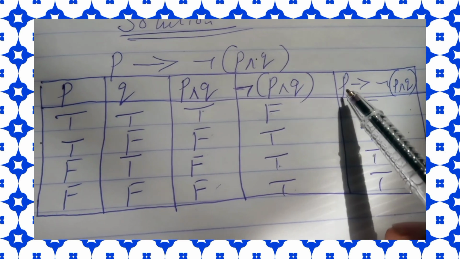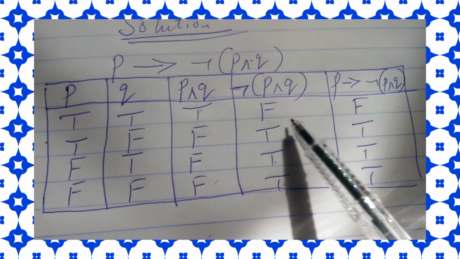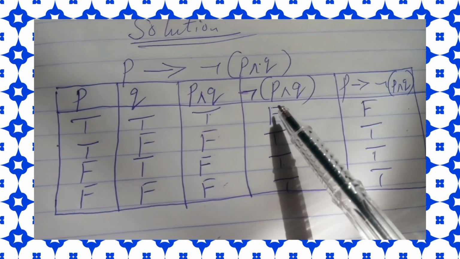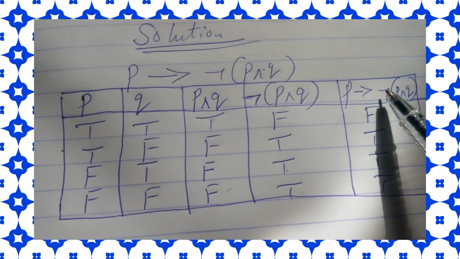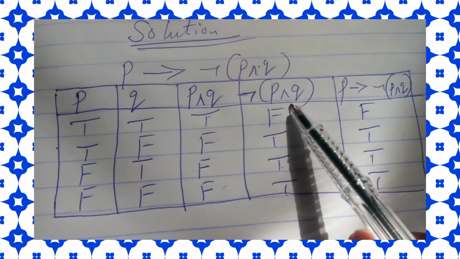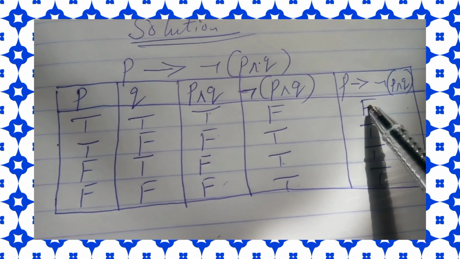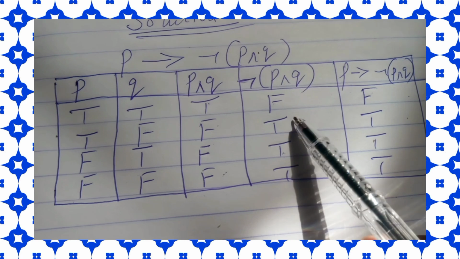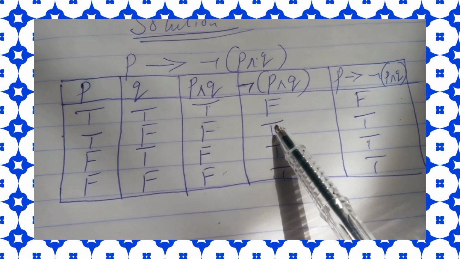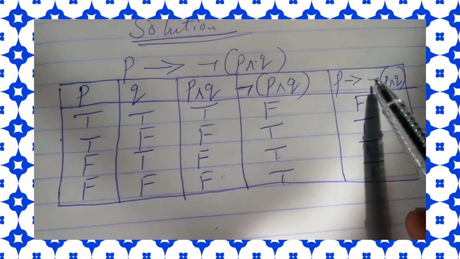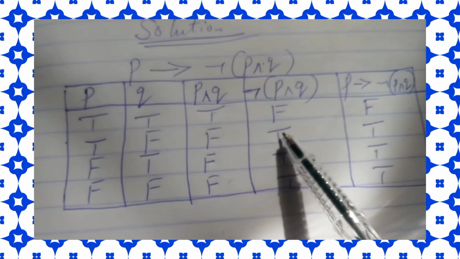So let's look at number one. You know that P here is truth, but here is false. So because of that, it becomes what? False. Because this negation of P and Q is false, it becomes false. Here we know that we have truth and truth here. And actually this negation of P and Q here is truth in this place now.